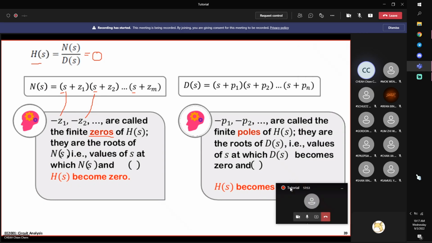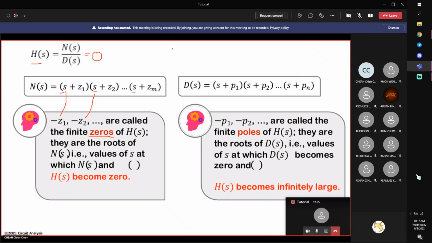Now, poles are the values of s which make your transfer function go to infinity. One goes to 0, one goes to infinity. Now when does it happen? When your denominator is equal to 0, then your transfer function will go to infinity.